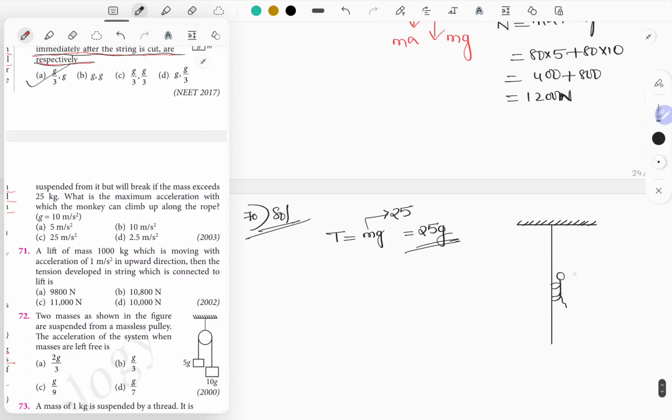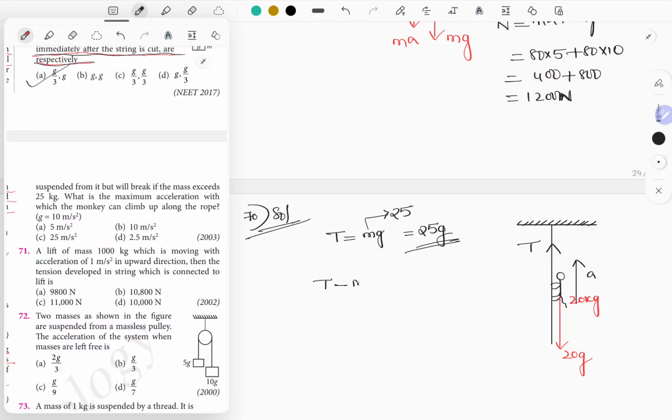They are asking what is the maximum acceleration of this monkey along the rope to climb up. Super. So tension is T. The weight of this monkey is going to be downward. What's the mass of the monkey they have given? The mass of the monkey is 20 kg, right? So it is going to be 20 into g as its weight. As the monkey is moving upward, which is going to be greater, the tension in the string or the weight of this monkey? Definitely tension is greater.